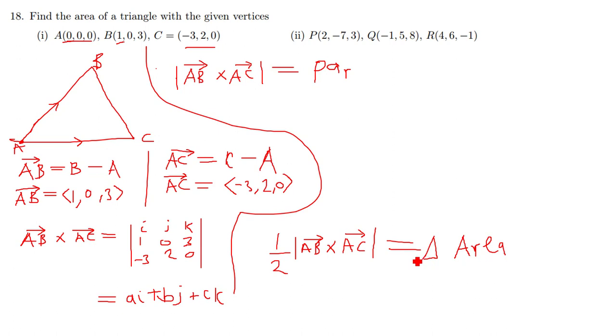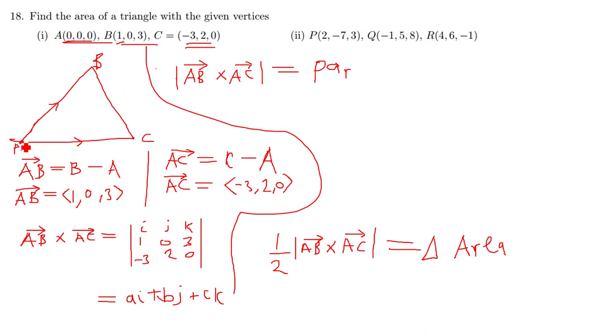And then what else? Here the most important thing you need to bear in mind is that you don't just use these points directly. You first have to get one point as your initial. If you take B, then you should find BA and BC. If you take C, then you should find CB and CA.